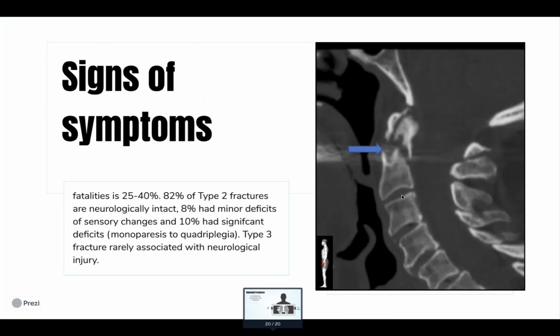They're usually all intact. 8% have very minor deficit like sensory changes down their arms. 10% had very significant deficit, so monoparesis, unable to move one limb, all the way up to quadriplegia, so unable to move arms or legs. Type 3 is rarely associated with any neurological injury, which is good.